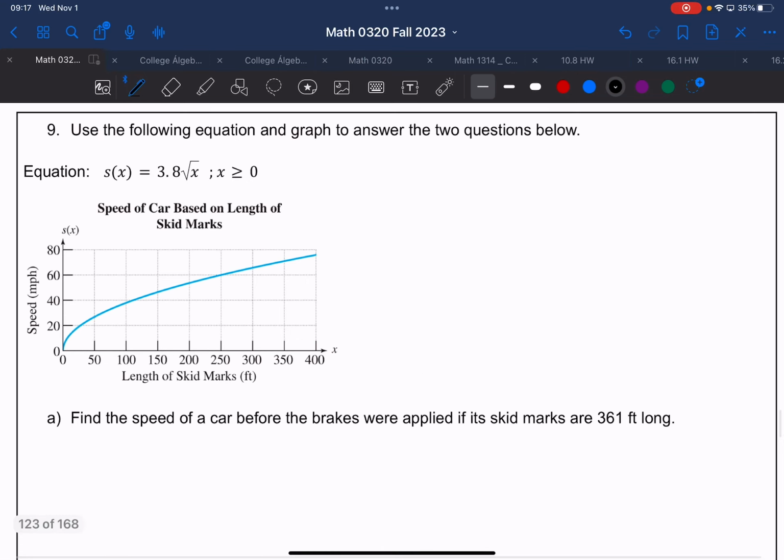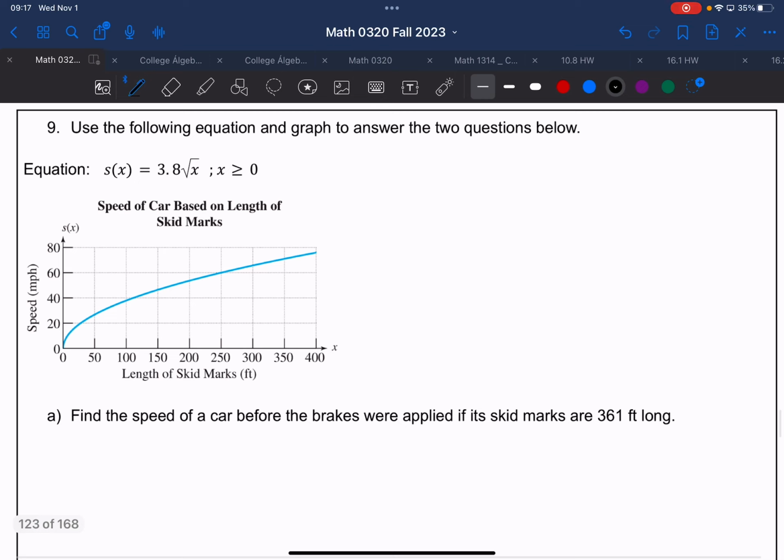So here, our x value is the length of the skid marks. So if we look at our equation, we have s of x is equal to 3.8 square root of x. Since this is an x value, what could we do with that number?